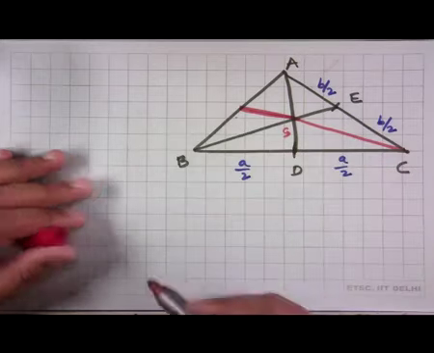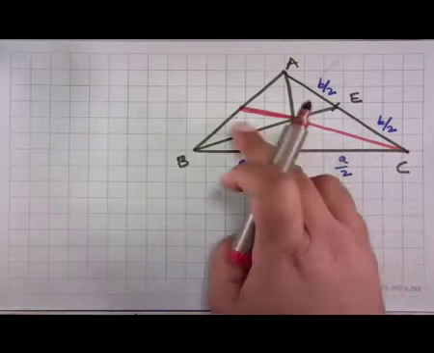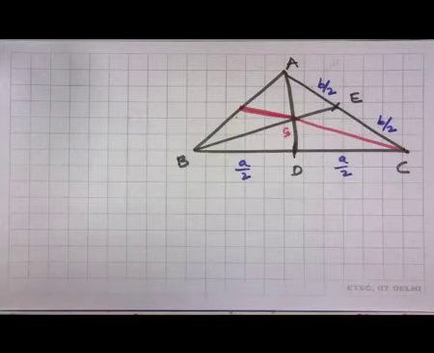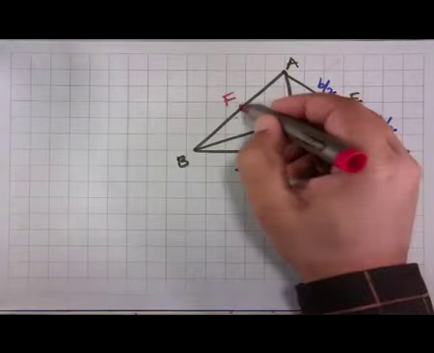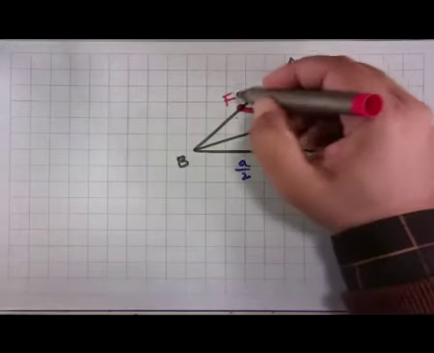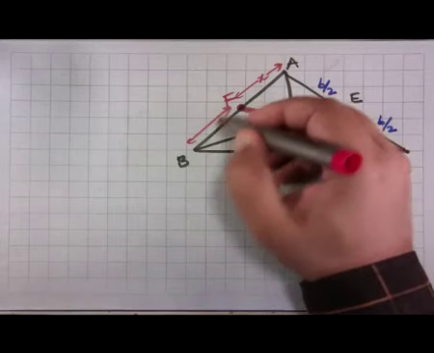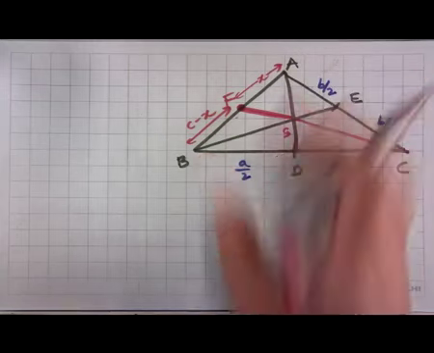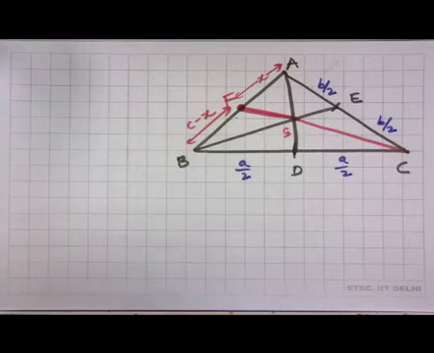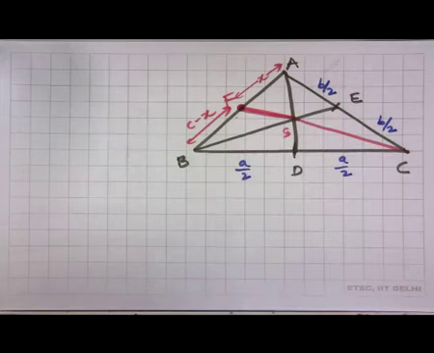and let us say that this line CG, when extended further, meets the side AB at the point F, which is here, and let us say that this distance is x, then this of course has to be C minus x, because this entire length is C. So, now our objective is to show that this x is equal to C minus x.